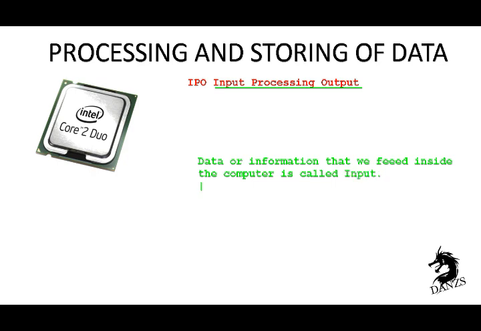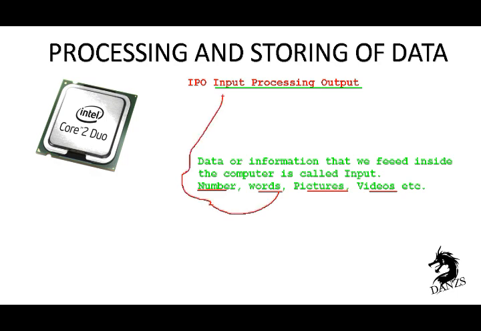It may be what? Number, word, pictures, videos, etc. All of these numbers, words, pictures, videos, etc. are what? Information. This information is fed with the help of some input device through the input unit.